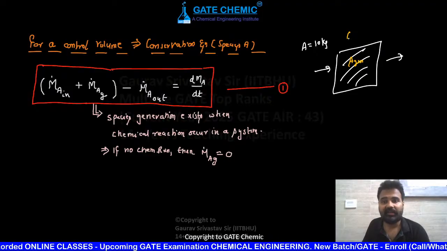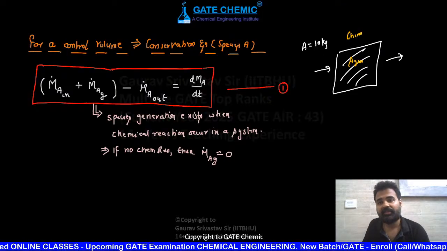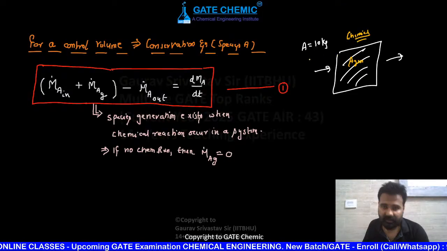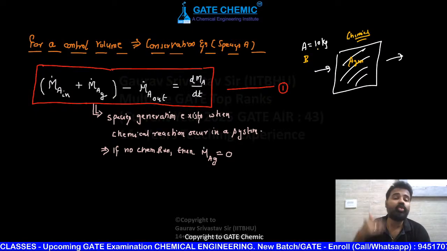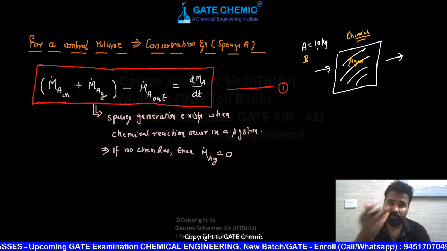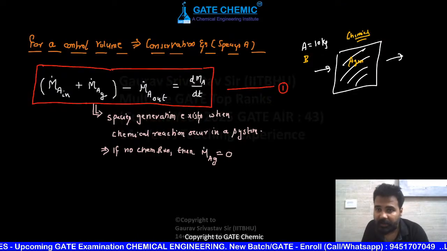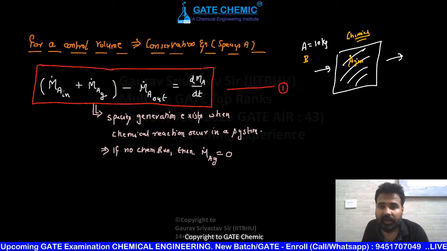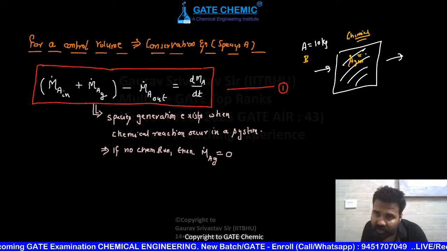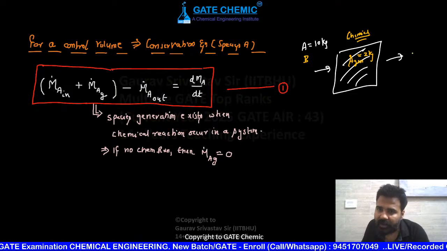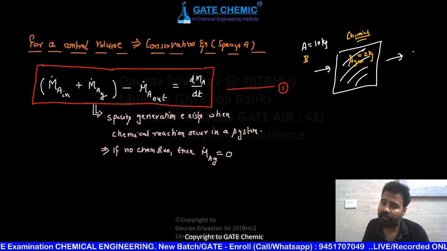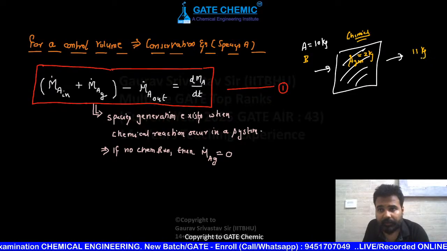Maybe some B is also going along with this A, and that B converts into A. So A is going to be generated here. Suppose generation is 2 kg, and from here you are getting only 11 kg.